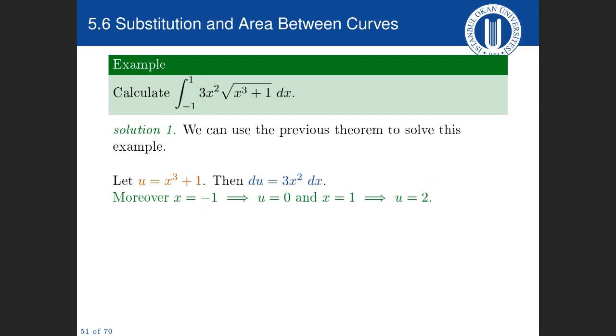And then we're ready to calculate the integral. We've done our preparation. Now we're ready to integrate. And I'll try to color code this. x cubed plus 1, we replace by u.